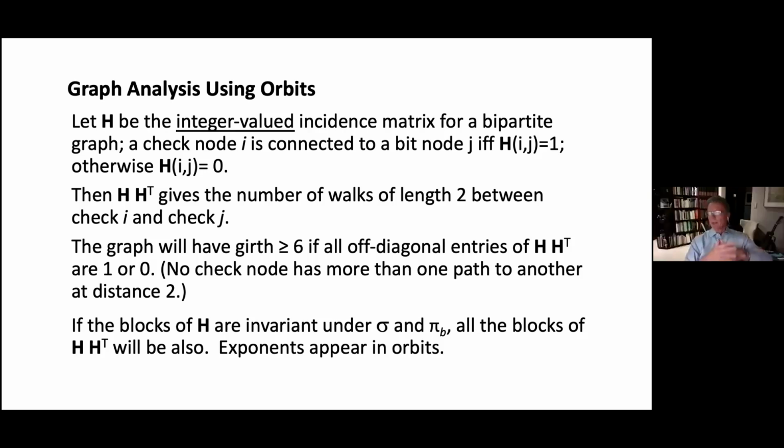No, the diagonal talks about walks where you go out and you come back. Exactly. Right. But eventually what you'll see is an entry where you get greater than 1 occurring in an off diagonal. And that's the first time where 2 distinct different nodes suddenly have 2 paths between them. And that means you've got a cycle.